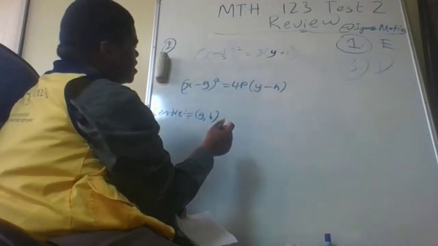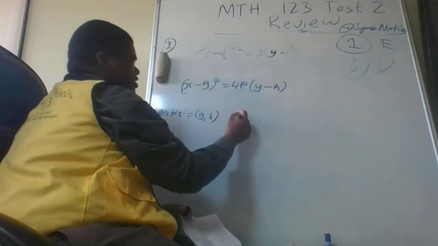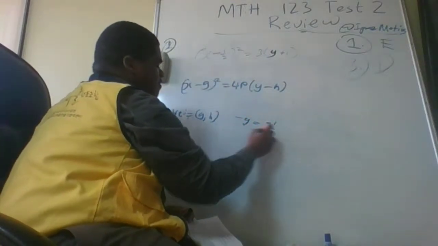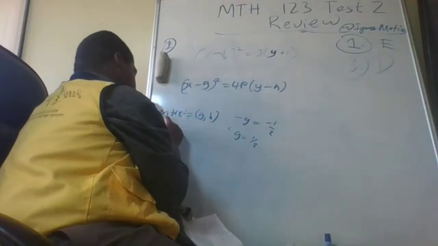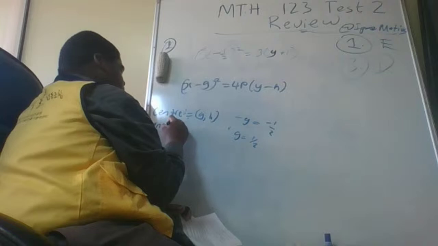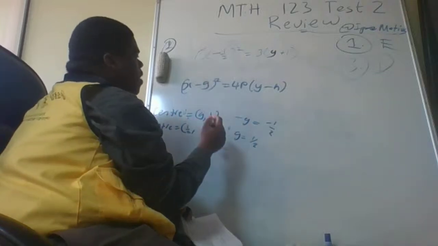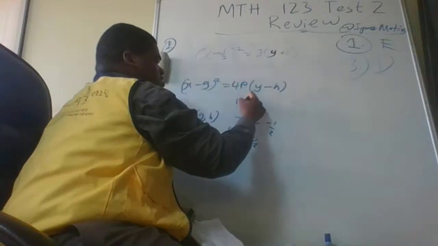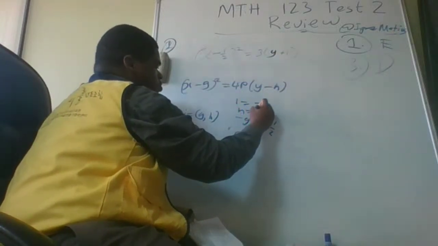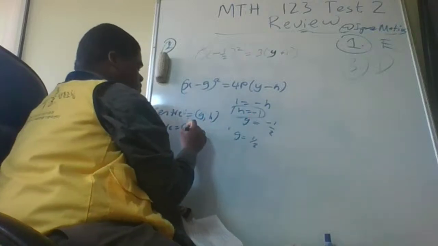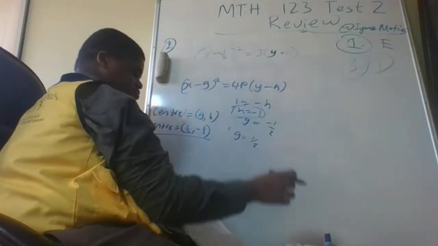In this case, minus g is equal to minus half. Divide both sides by minus 1, you have g is equal to a half. So our center for this particular case is going to be 1 over 2 comma, and for our y, we are going to have 1 is equal to negative h. Divide both sides by minus 1, you have h is equal to minus 1. So you are going to have 1 over 2, comma, minus 1. So this is our center.